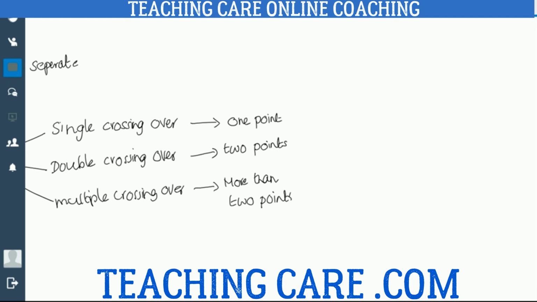So there are three types of crossing over: single crossing over, double crossing over, multiple crossing over. Single means crossing over has taken place at 1 point. Double means crossing over has taken place at 2 points. Multiple means crossing over has taken place at more than 2 points. Okay. Yes, sir.